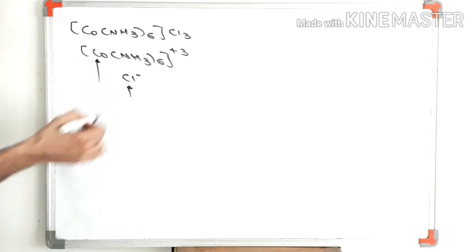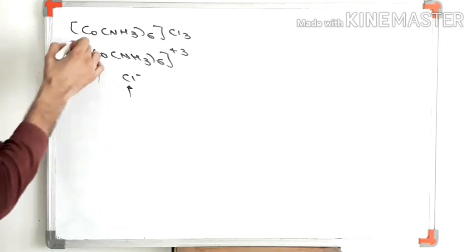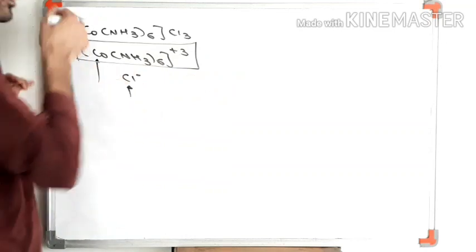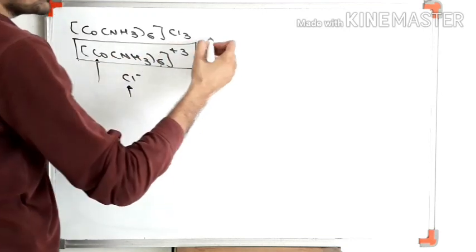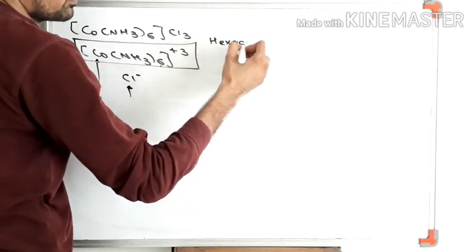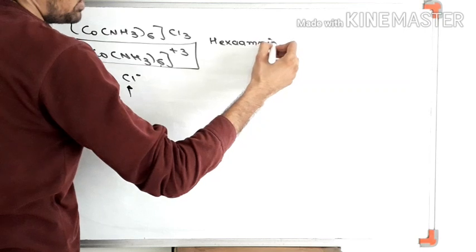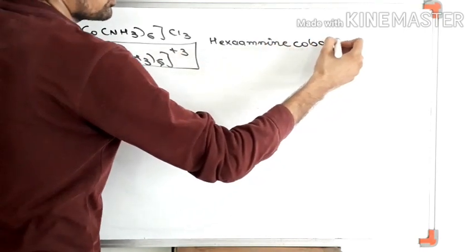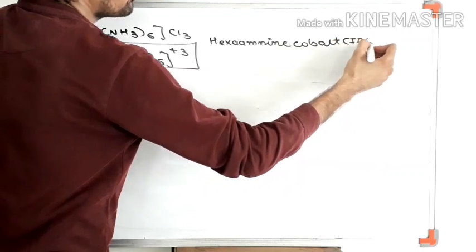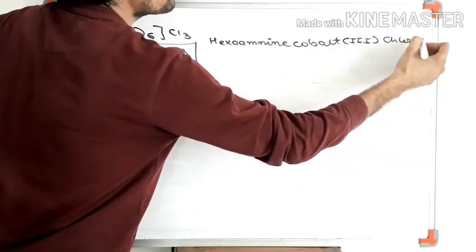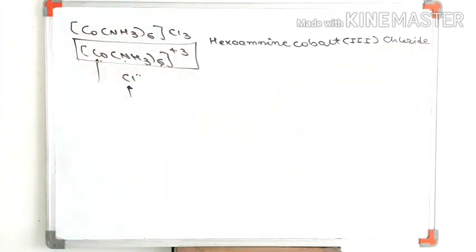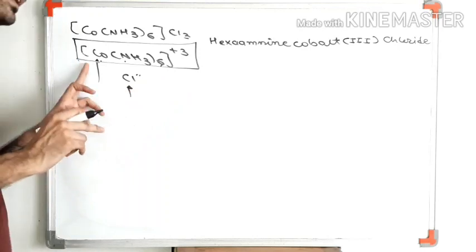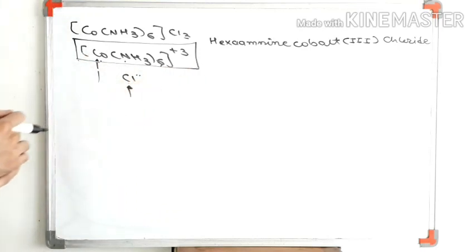Here you have to write only cobalt, not cobaltate. Why? Because the complex ion is positively charged. Now what do you have to write? Hexaamminecobalt 3 chloride. Clear? Not chlorido, because it is not a ligand. Not cobaltate, because it is not negatively charged.